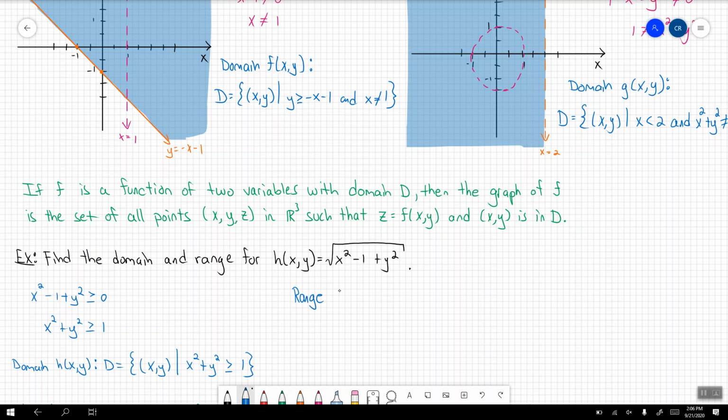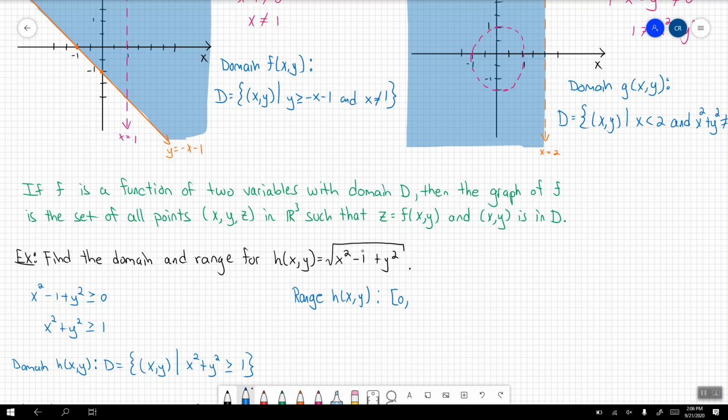Now remember, the range for this function h of x, y is just an interval, because the interval here is going to give us the z values. So the interval is only talking about one specific axis, and that's the z-axis. So in this particular case, the smallest z value that we could have is 0. Okay, that's nice. Well, what's the largest then?